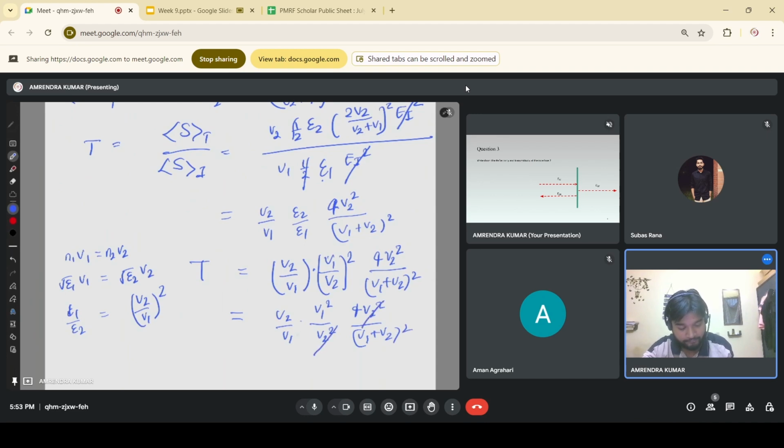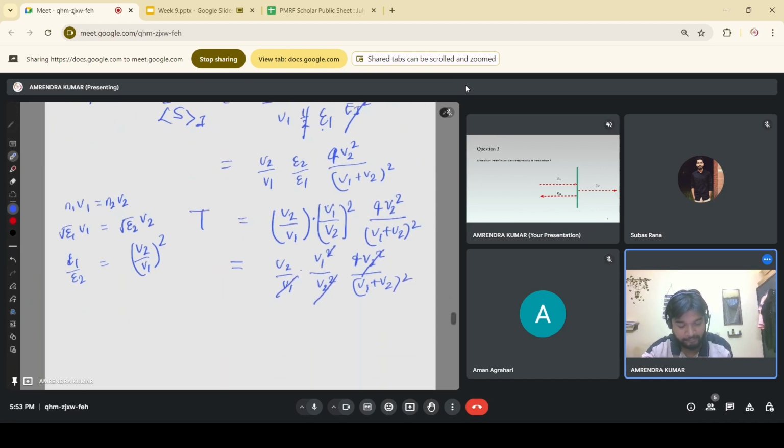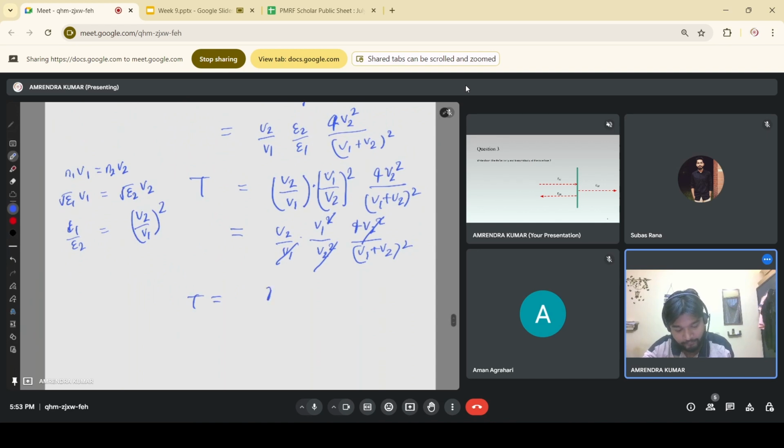Simplified, this gives the transmittance 4 v2 upon, this is the transmittance equation.